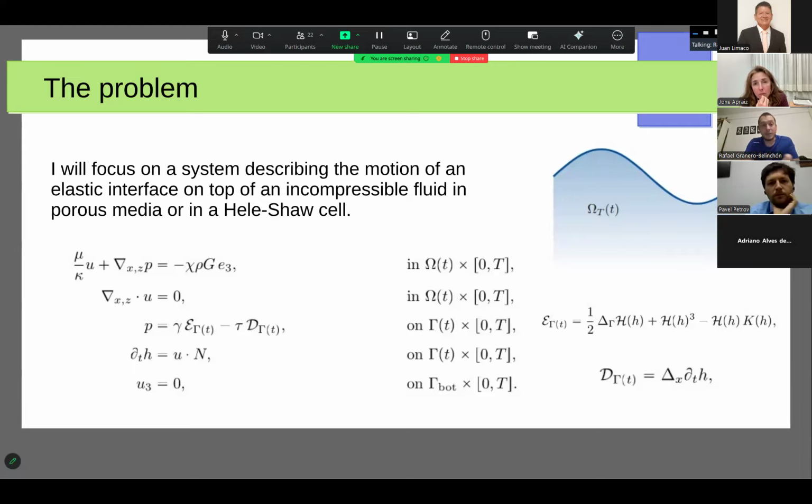And David Lannes is also working on that. But I'm not aware of any paper that rigorously established the existence of solutions when this h reaches gamma bot. So the full system crashes.